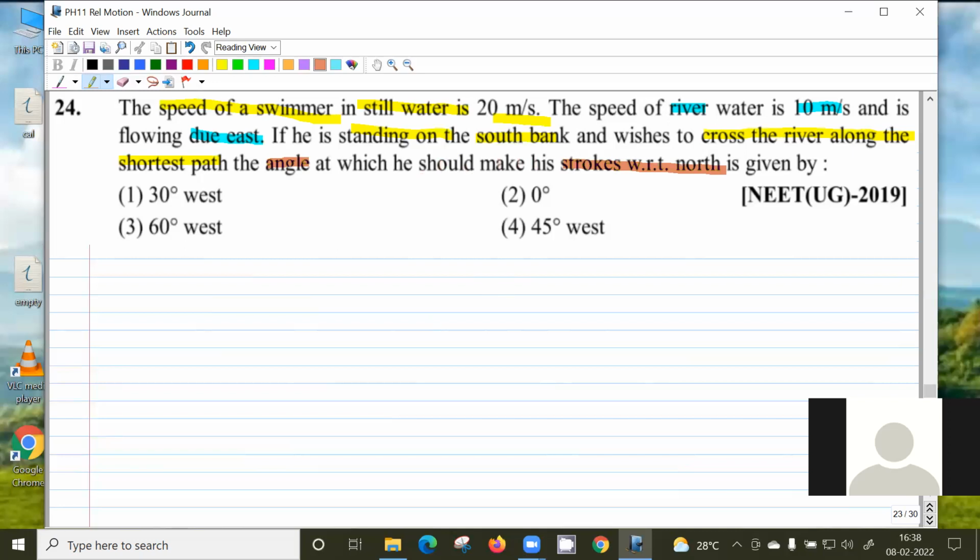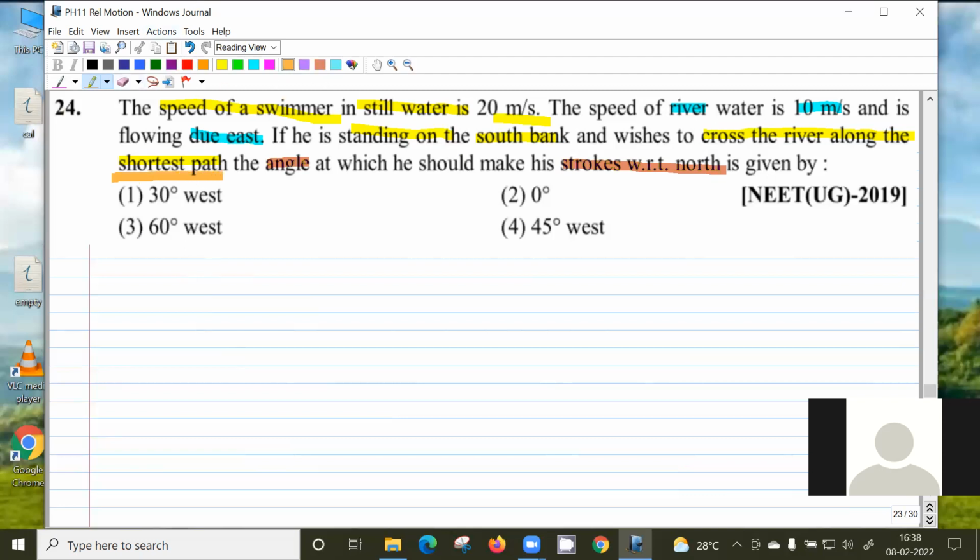So which frame will you choose? Frame attached to the river bank or the river? River bank, because it's path.